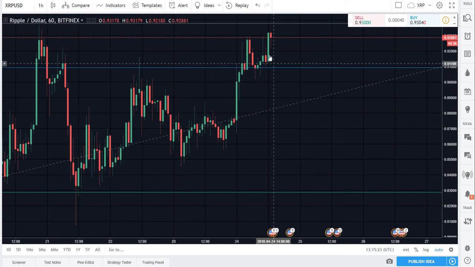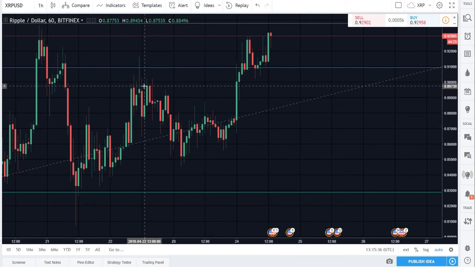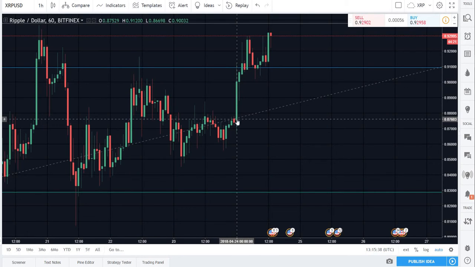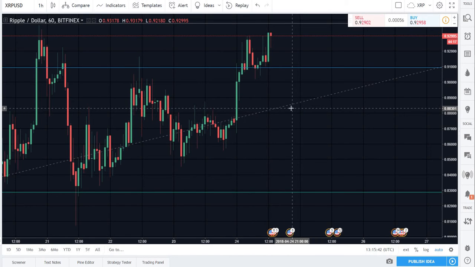What is a candlestick? Each individual bar, line, combination is a candlestick. And each one of these candlesticks will give you information about what the market is doing, and it will reflect it. So let's go look at a candlestick.